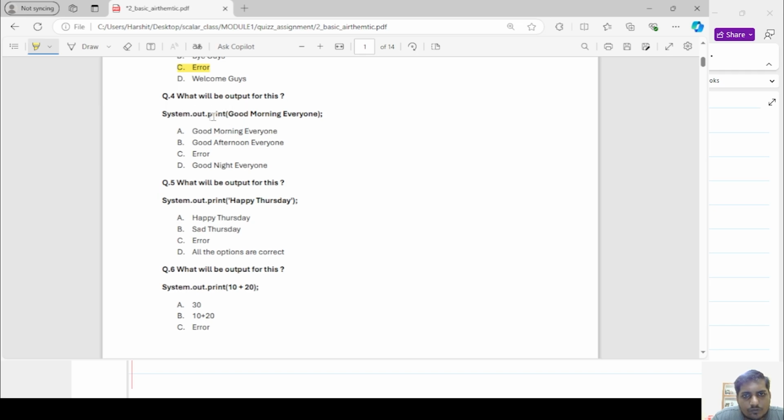What will be the output of this? Here the answer is an error. Why error? Because in this the string or text should be written in double inverted commas. So double inverted comma is not mentioned here.